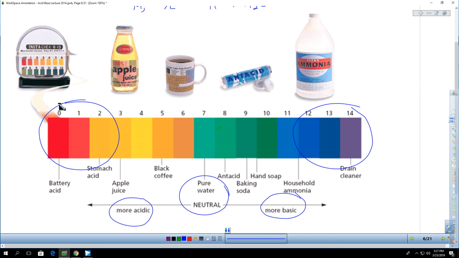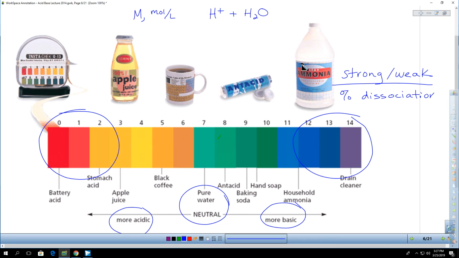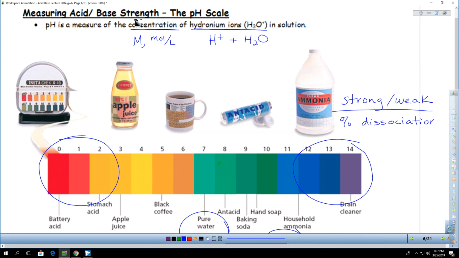Now, there are maybe some coincidences that can sometimes happen, but technically, the strong, weak thing all has to do with the percent dissociation. pH is about concentration.